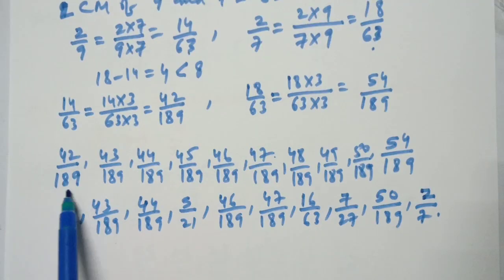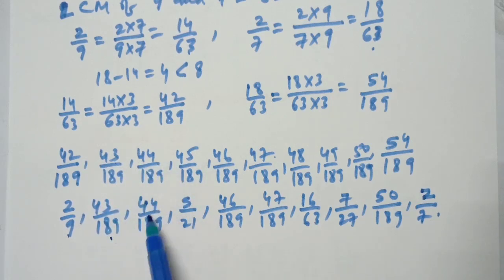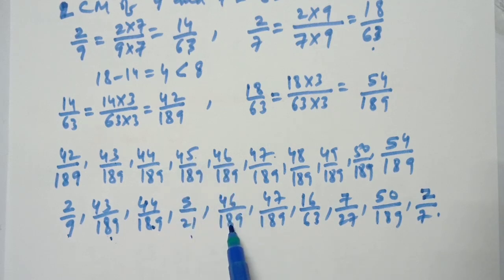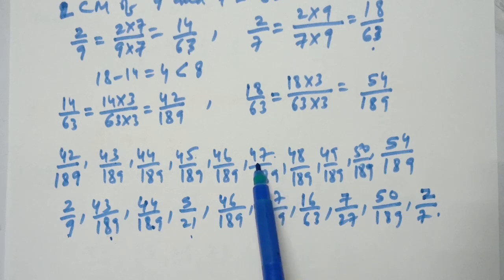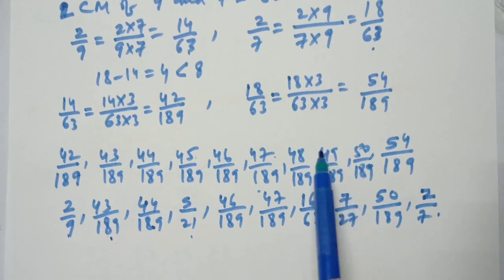When we reduce 42 by 189, it becomes 2 by 9. 43 by 189 is 43 by 189. 44 by 189 is the same, no common factor. 45 by 189 becomes 5 by 21, 9 is the common factor. 46 by 189 remains 46 by 189. 47 by 189 remains as 47 by 189. 48 by 189, the common factor is 3, so it becomes 16 by 63. 49 by 189, 7 is the common factor, so 7 by 27.